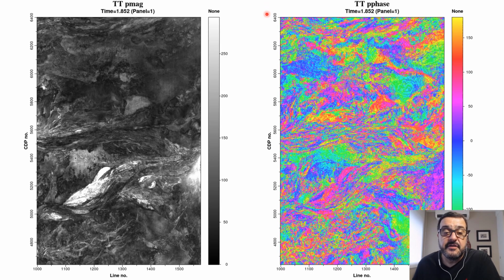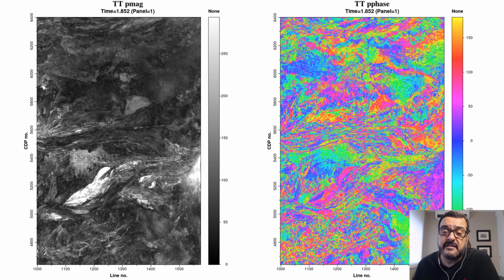These figures show the local wavelet magnitude and phase attributes computed using our workflow. The wavelet magnitude shows very beautiful features like the bright spot here and also several other small channel features.